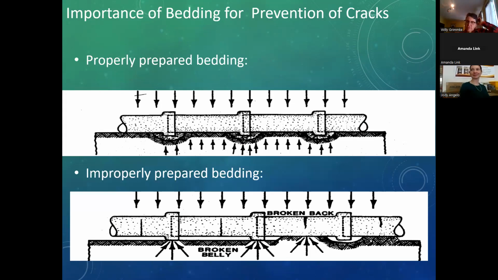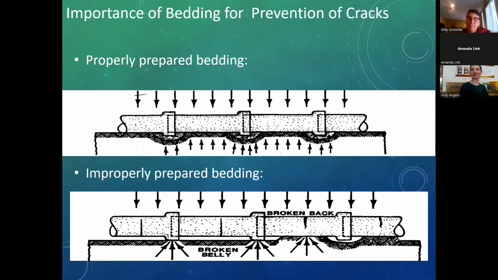And this illustration will show both broken back and broken belly. In the top view, everything's well supported. It's in good shape. It's not cracking. However, in the illustration below, if the bells are supported, but the invert of the pipe at midsection is not, you'll get cracks in the bottom.